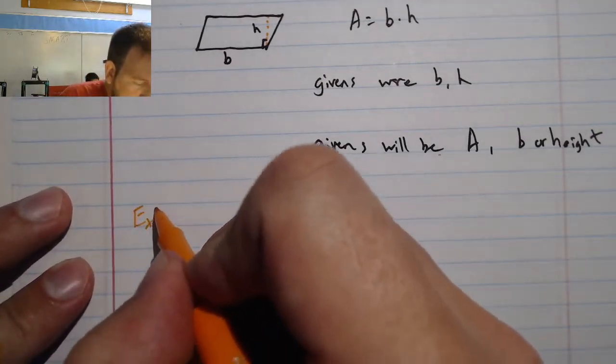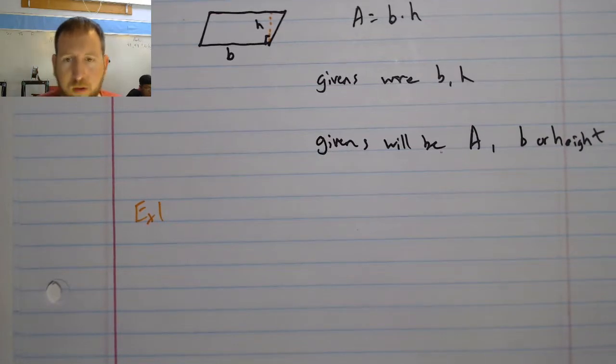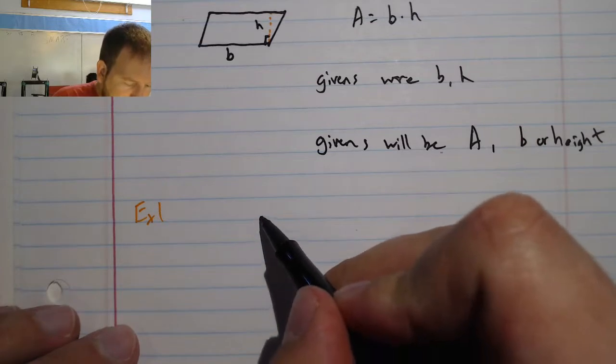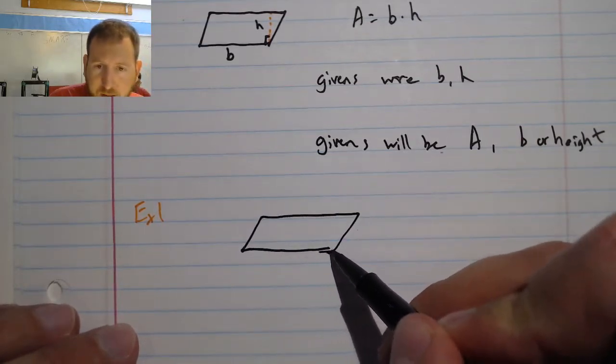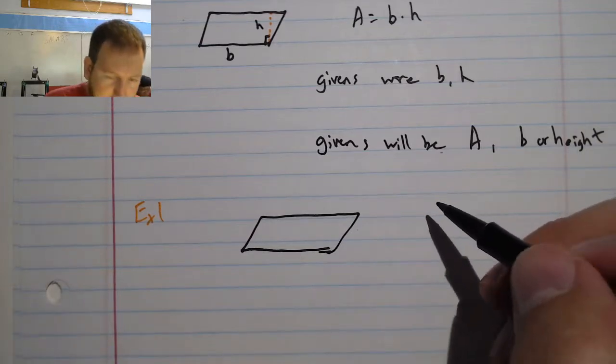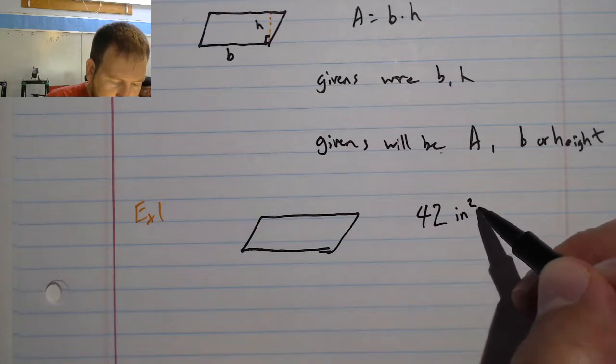Example 1. Say that we are given a parallelogram with an area of 42 square inches.